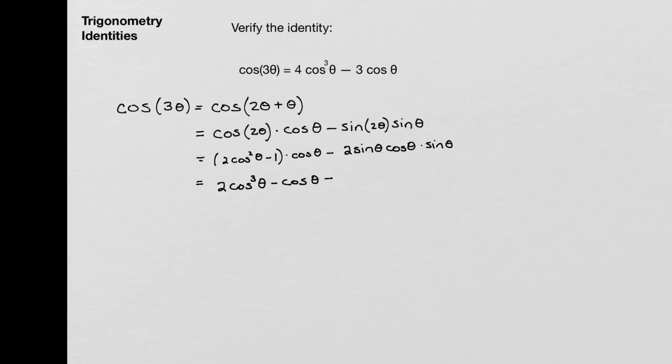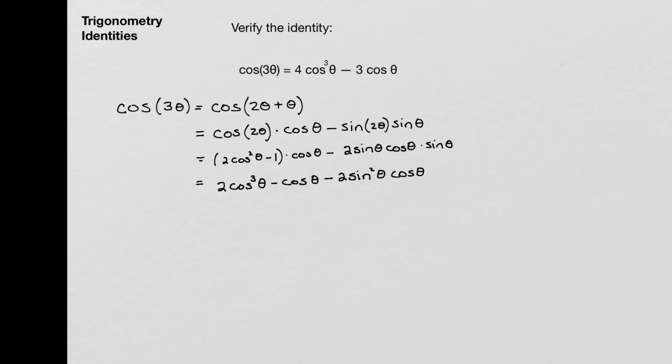And then this is minus 2 sine squared theta times cosine theta. So because I have 2 sine theta cosine theta times another sine theta in the second term there, I can combine those sine thetas together. This is all just multiplied together, so it's commutative. I'll multiply the sines together and get sine squared.